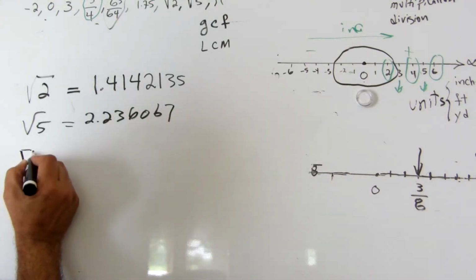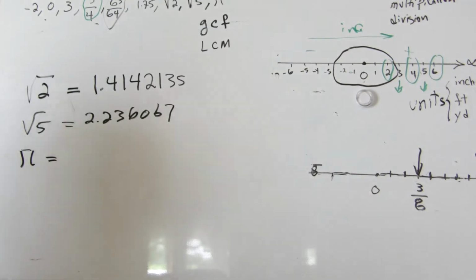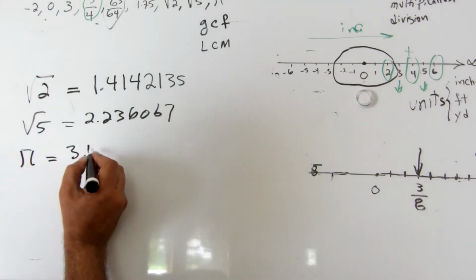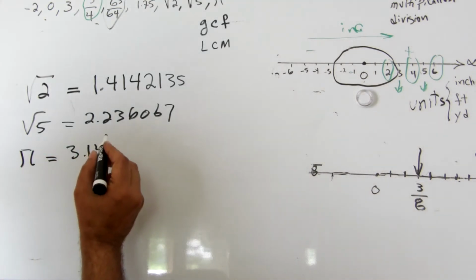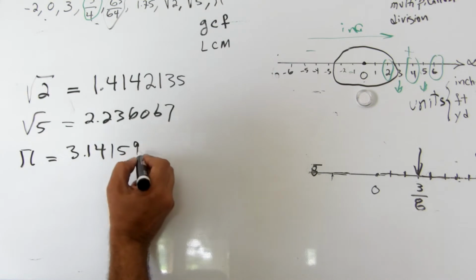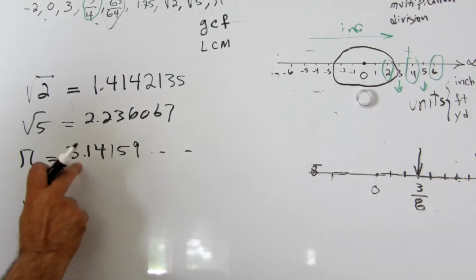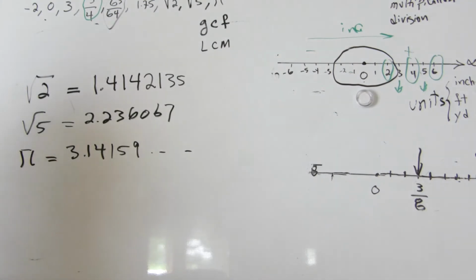Or we talk about pi. Okay, pi. You know pi. You find the result. The value of pi is 3.14159, and so on. So this number you cannot change to a fraction.